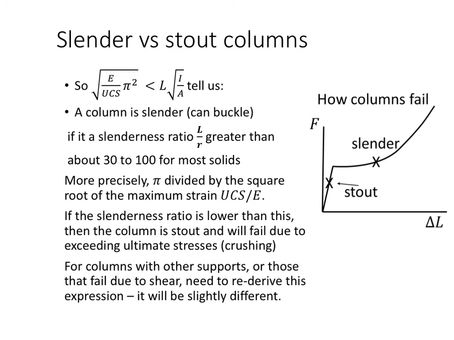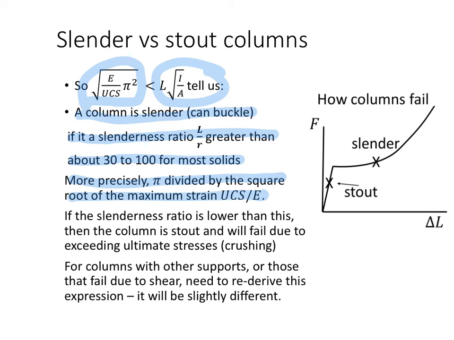Putting this together, we have this requirement that this expression that relates to material properties must be less than the slenderness ratio, and that tells us that if a column is slender, it can buckle. We can estimate this by asking if the slenderness ratio is greater than about 300 for most solids, but more precisely, we have to calculate that exact value.